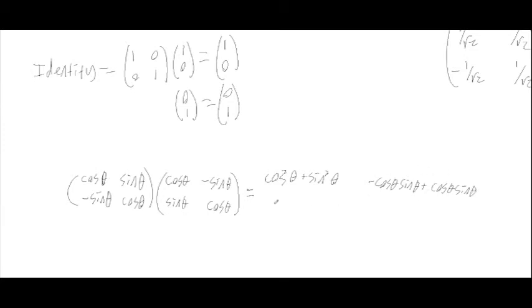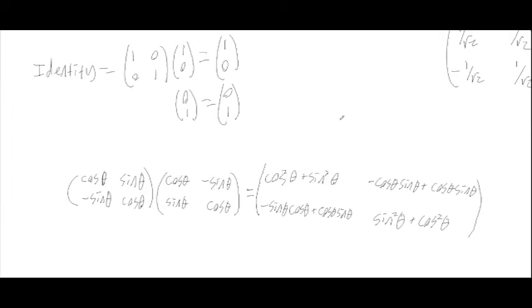Then this one down here is negative sine of theta cosine of theta plus cosine of theta sine of theta. Then over here we will once again have sine squared of theta plus cosine squared of theta. And this will be the new, well, it's multiplying both of these matrices together.